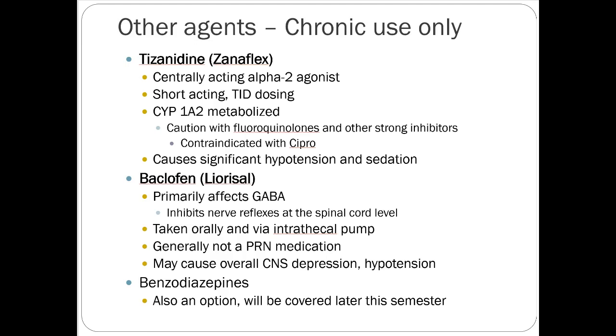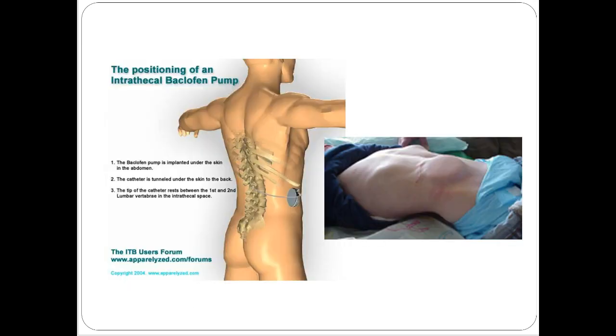GABA is kind of an inhibitory neurotransmitter, and by potentiating GABA, you cause sort of a chain reaction of inhibitory response in the brain, which is going to help relax muscles. So Valium's a really popular muscle relaxant, even though technically that's not the class, it's used for that quite a bit. And we'll cover that a lot more later in the semester.